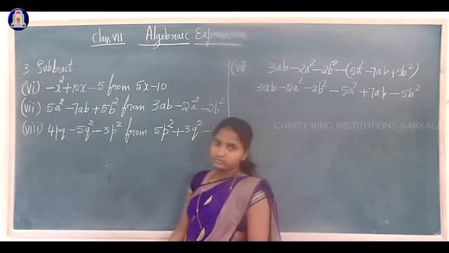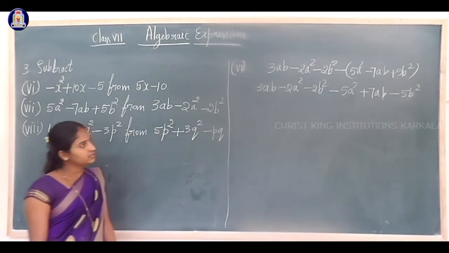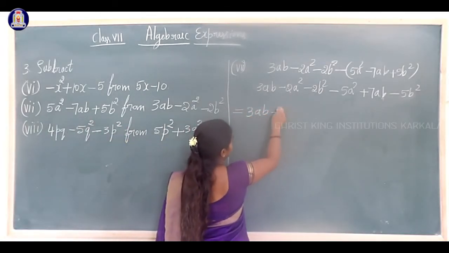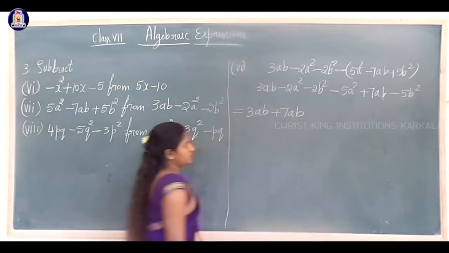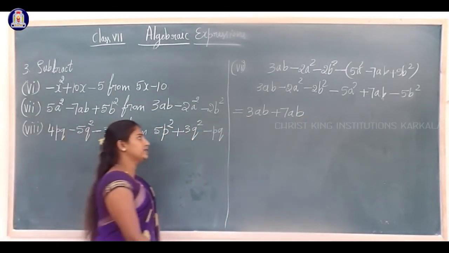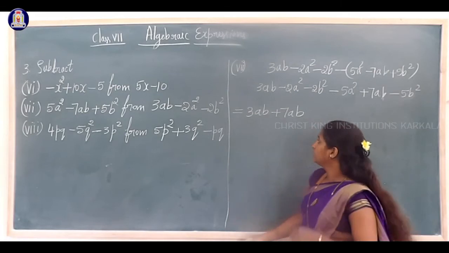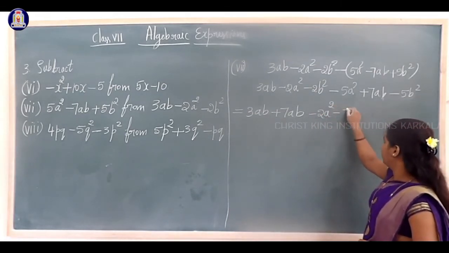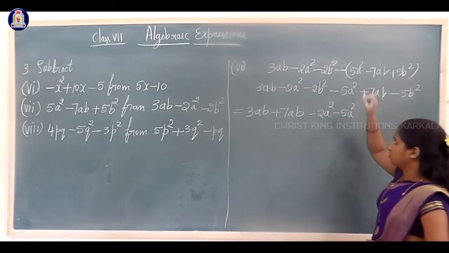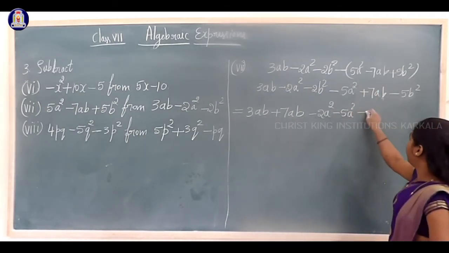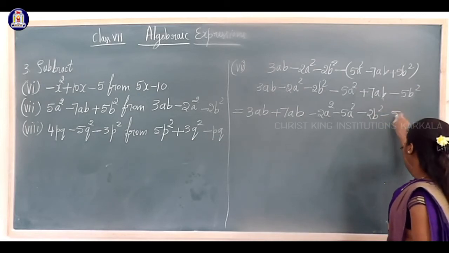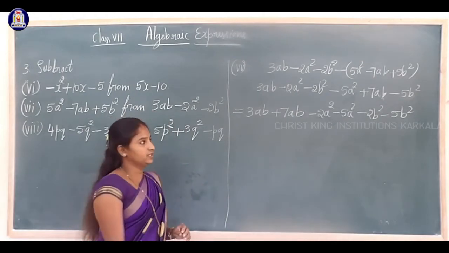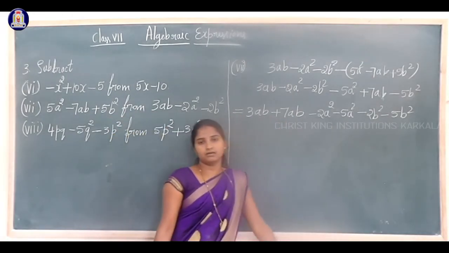Now write like terms together, that is 3ab plus 7ab, they are like terms, write together. And next, minus 2a square and minus 5a square, they are also like terms. Next, minus 2b square and minus 5b square, these two are like terms, right? Together, 3ab plus 7ab.